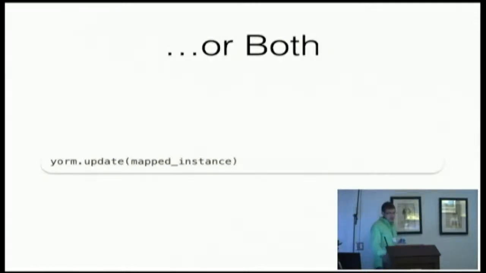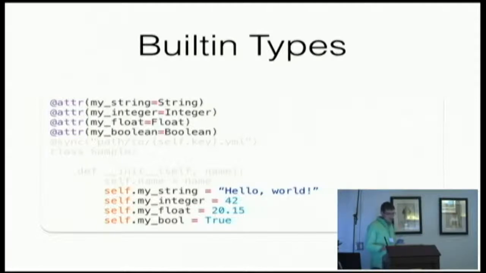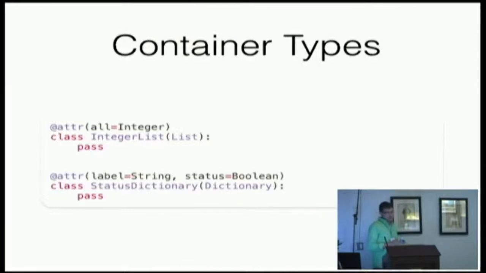There's a variety of converters that specify how all these attributes are mapped. YORM has converters for all the built-in types that work as you might expect them to work. There's also base classes for defining container types, so lists and dictionaries. Lists are homogeneous, and all the items share the same converter class.